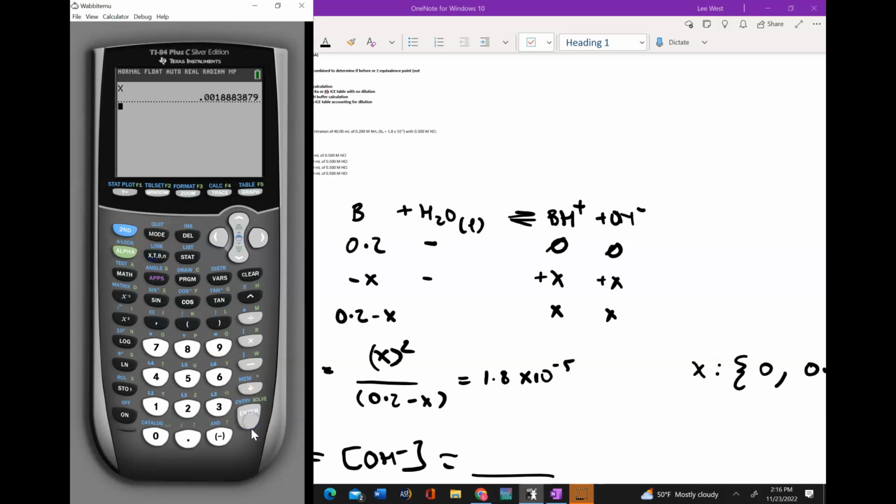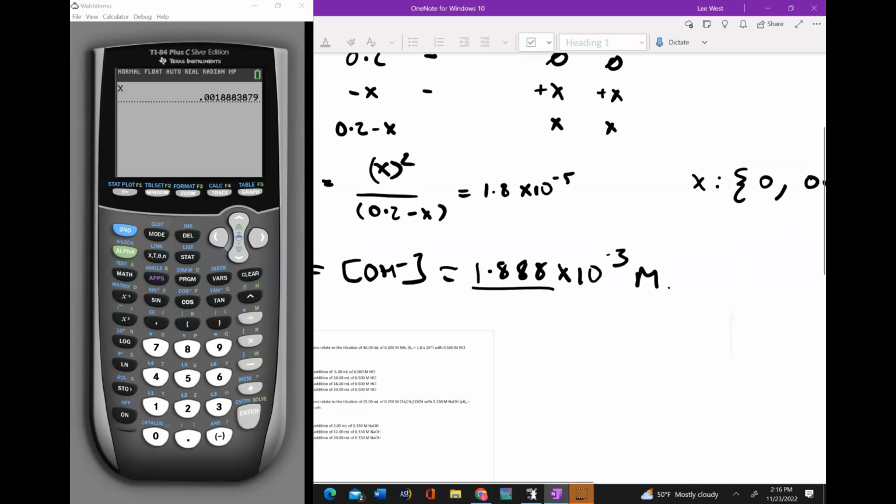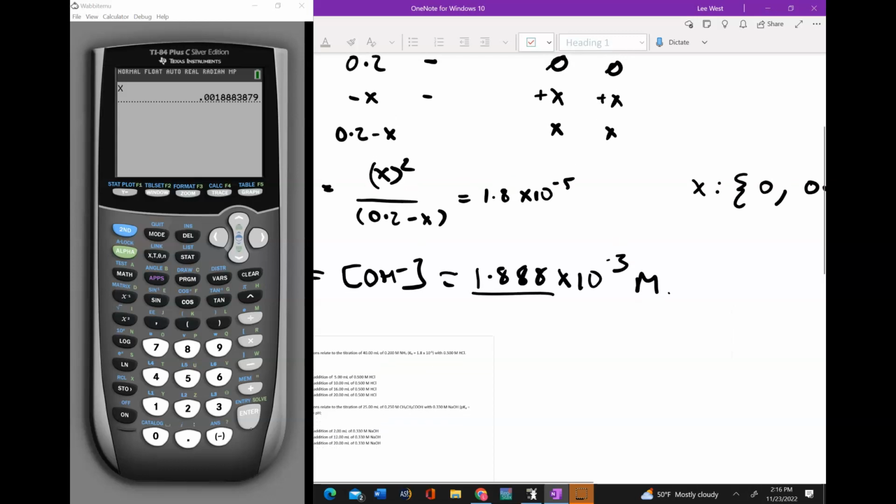I'm going to quit out of there. X is 1.888 by 10 to the minus 3 molar. And so from here, what I'm going to do is if I do 14 minus the pOH, that will give me the pH, and so that would be 14 minus the negative log of the OH, or the negative log of my x.